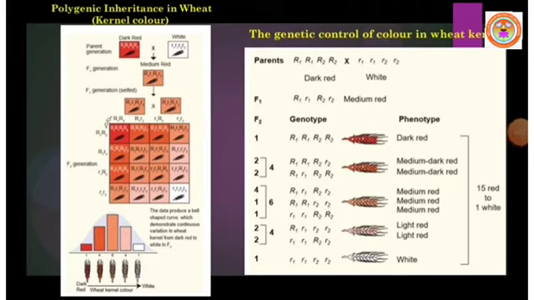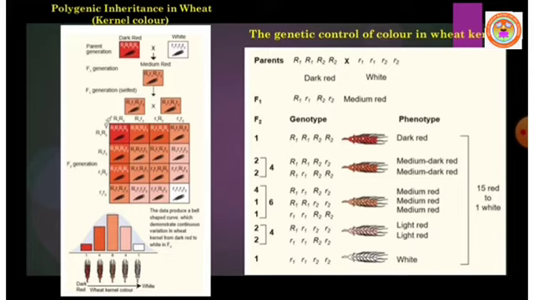Now you can observe, children, a graphical representation of the intensity of kernel color. The number of each phenotype is plotted against the intensity of red color of the kernel, which produces a bell-shaped curve.